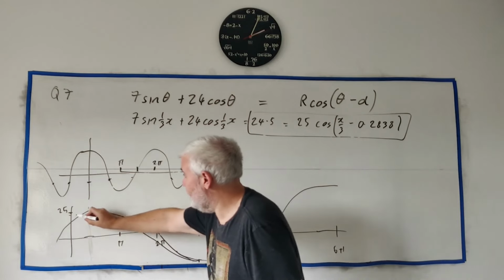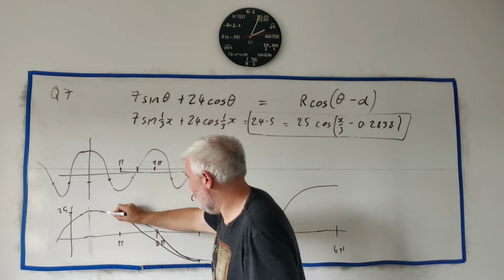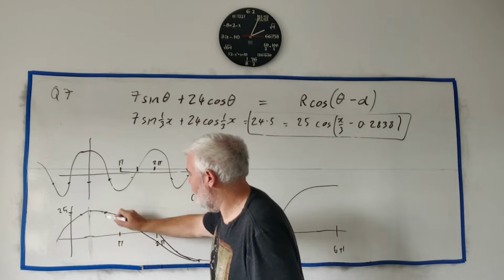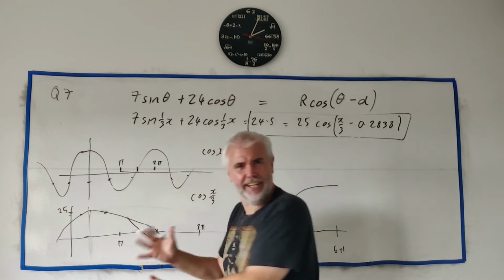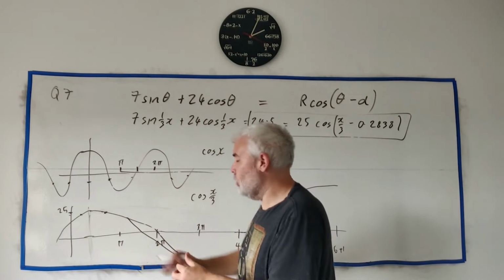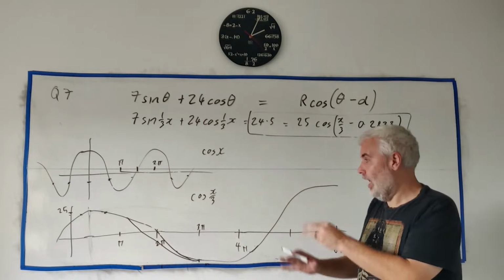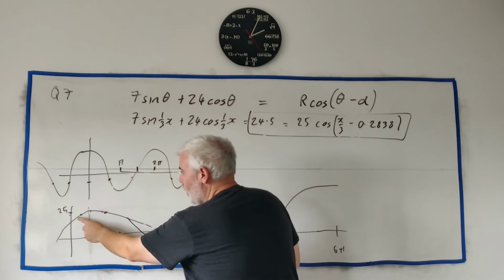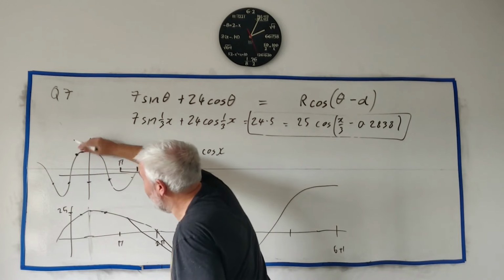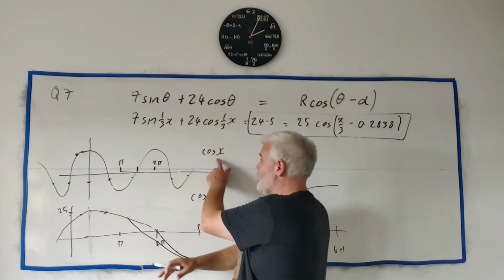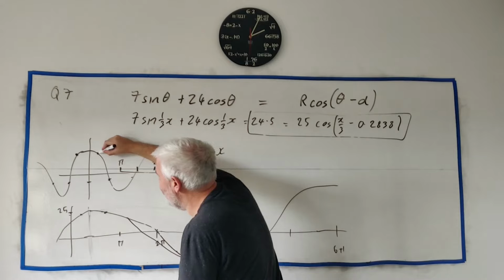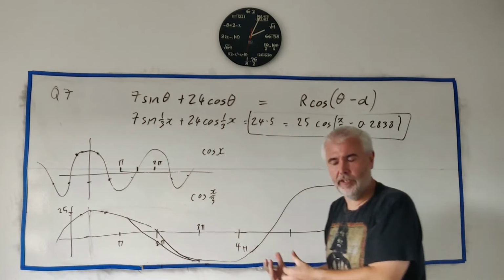There's pi, so this will be the only 2 answers, this one and this one. Or maybe this one isn't even in it. I'd have to draw it better. So you could do this at the very start to help you out. So really, the one answer I'm definitely looking for is actually this one here, the minus answer from the original cosine, and maybe the second one, because I moved everything to the right.